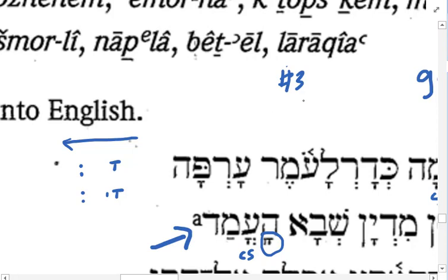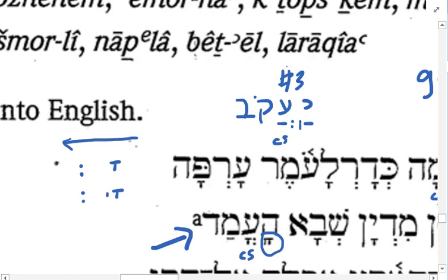Let's take a look at Yaakov, for example. This was on page 51. So what we saw was that there's a compound shava under the ayin, and the metheg is written here with the pathak, right?